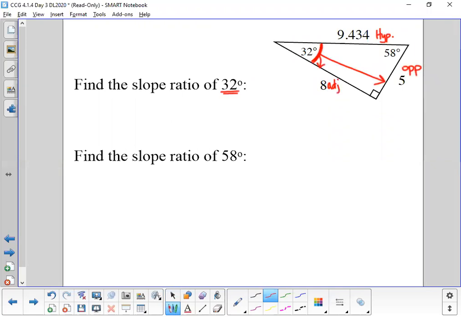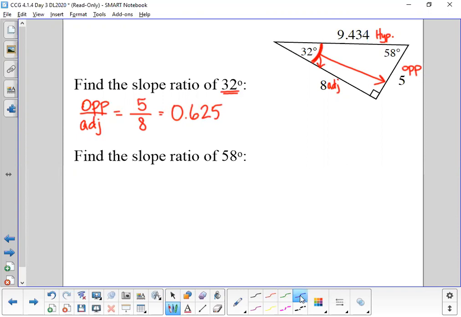So my slope ratio is always now going to be opposite over adjacent, which would be 5 over 8. I'm going to find out what that is in decimal form as well. So 5 divided by 8 is 0.625. So the slope ratio for 32 degrees should be 5/8 or 0.625.